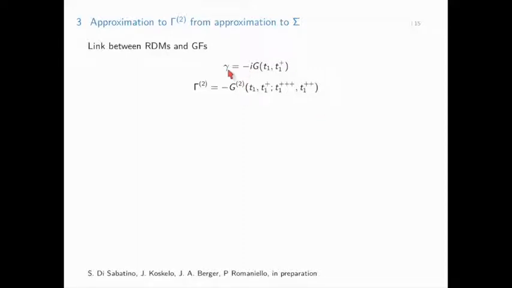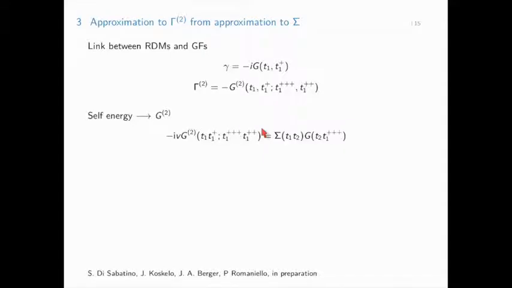In particular, we exploited these two relations. This is the link between the one-body reduced density matrix and the one-body Green's function, and the two-body reduced density matrix and G2, the two-body Green's function. Basically, one has to take the equal time limit in the Green's function with a proper time ordering to obtain the corresponding reduced density matrix. Then we considered this relation linking the two-body Green's function to the self-energy.